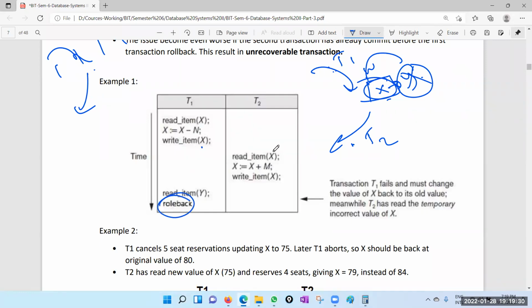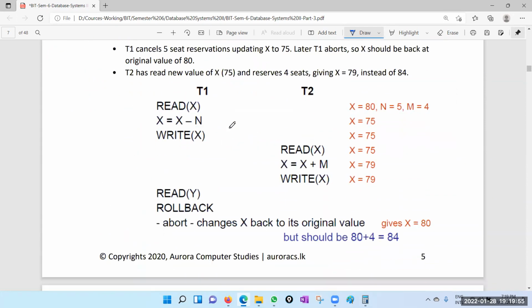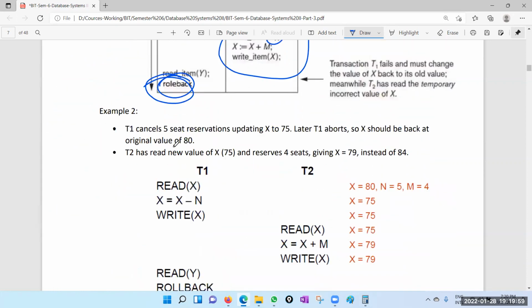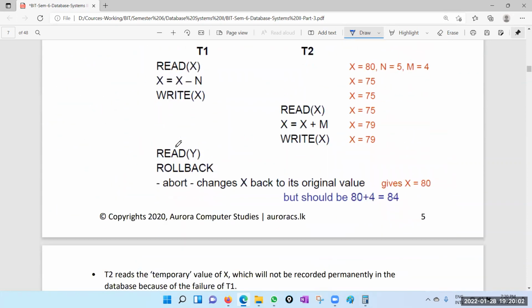Now what you read as X is not the correct value. So that is why we say it's a dirty read. Because if this guy does not roll back, that is okay. But who knows? There's always that possibility of rollback. So we have to tackle that kind of possibility. Dirty read, or write read issue.